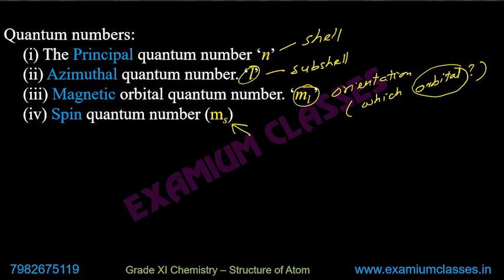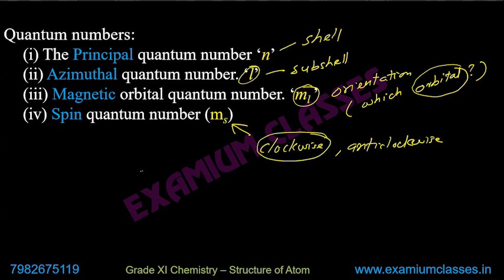The electron's spin will be given by the spin quantum number, whether it is clockwise spin or anti-clockwise spin. So two spins we will be talking about, clockwise and anti-clockwise, and these are with respect to each other. Normally the practice is that if there is only one electron in an orbital, we say it has clockwise spin. But it depends.